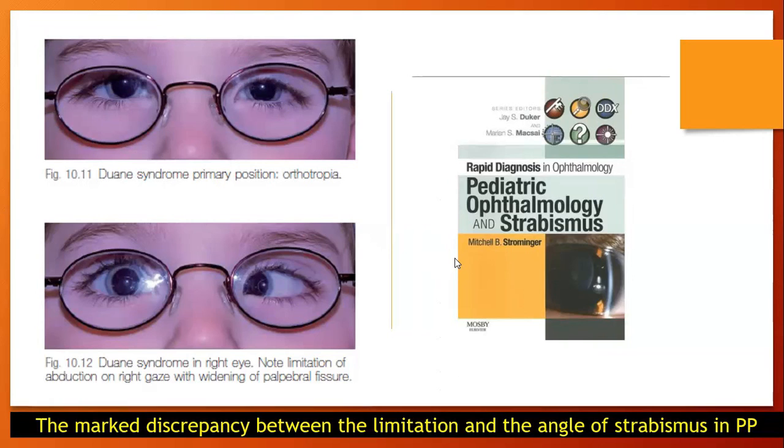So you see, the correction of head posture is important when you are trying to comment on the alignment. So if you are going to comment on the alignment in the primary position, you have to correct the head posture. But you can check for versions with the abnormal head posture already there, because there is no change in the findings whether you correct the posture or not.